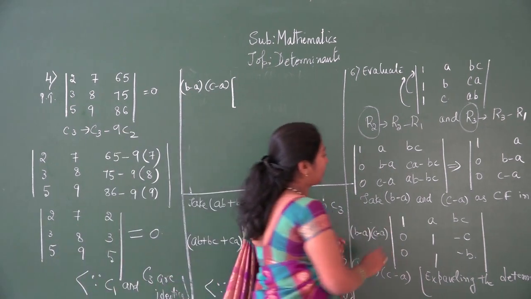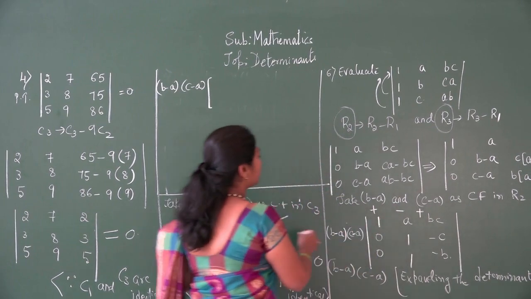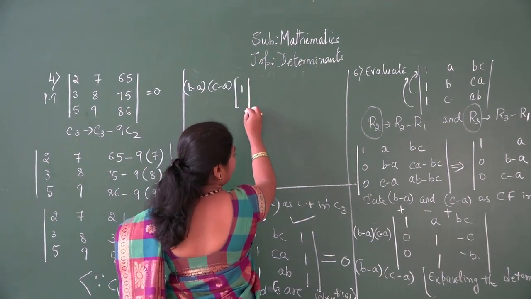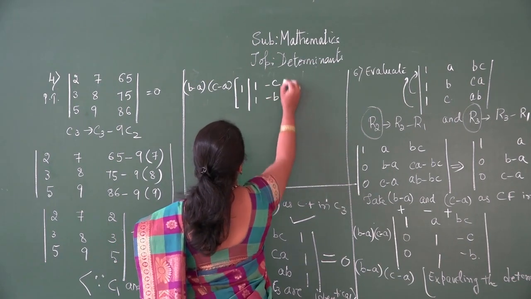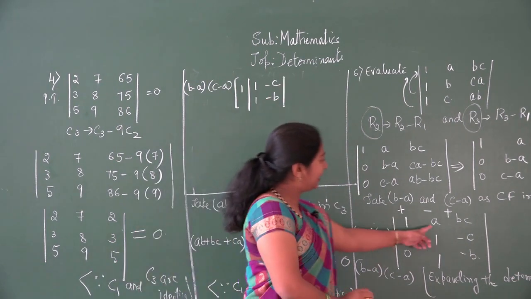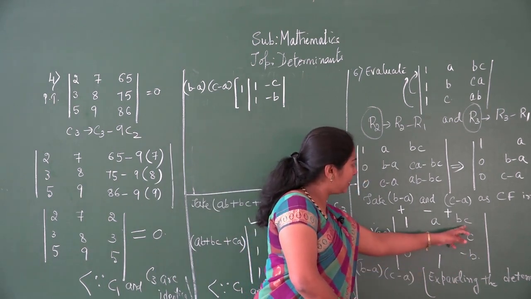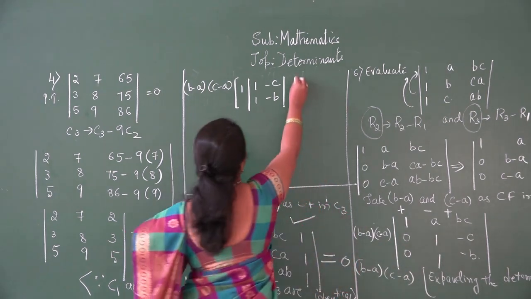Expand the determinant. What are the signs associated? Plus, minus and plus. So plus 1 into what are the terms left out? 1, minus C, 1, minus B. Then minus A into 0 into any terms is 0. Again plus BC into 0 into any terms will be 0 itself.